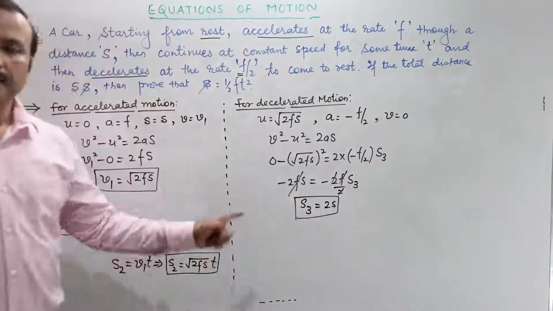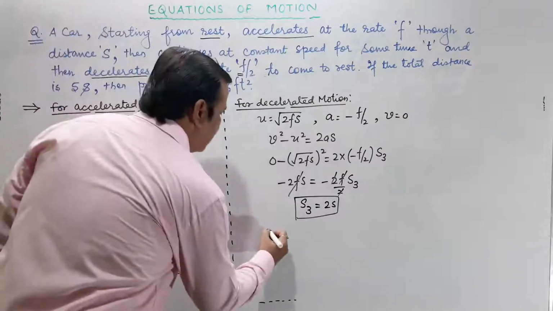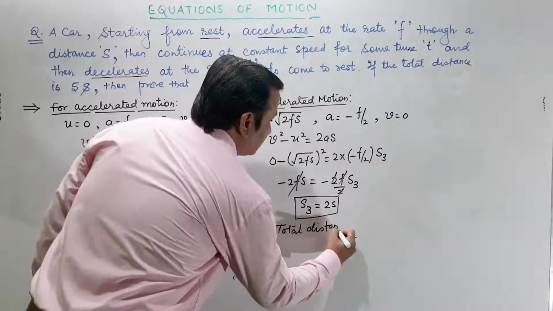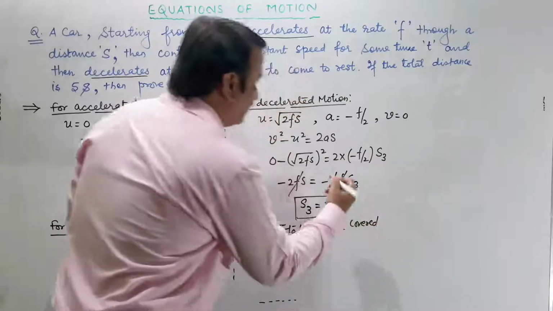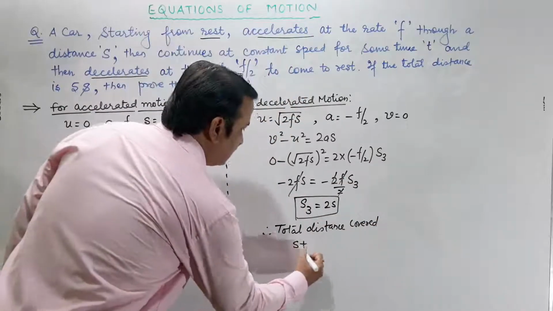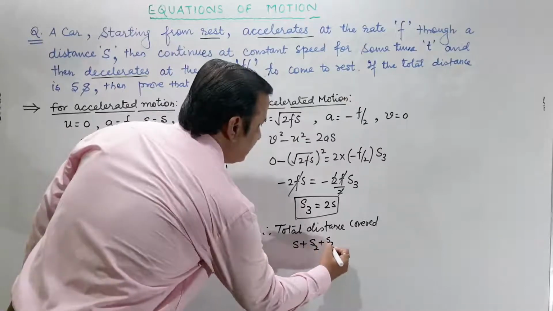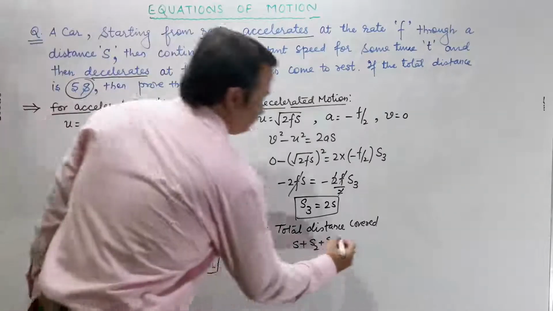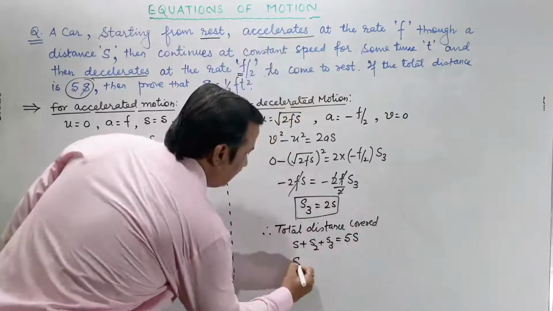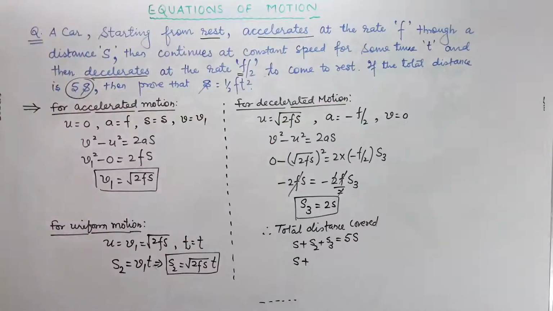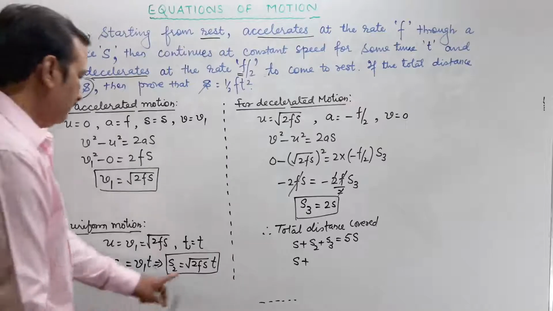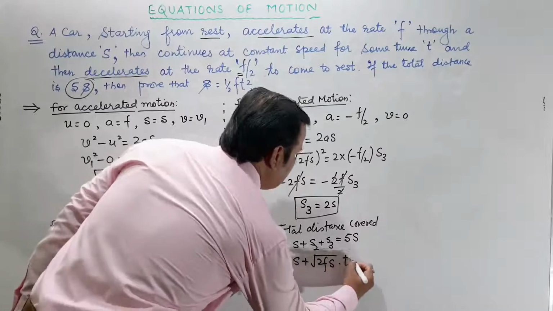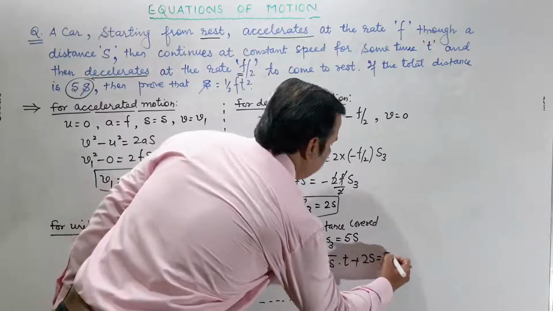Therefore, total distance covered: how much distance did it cover? First we took s, then s2, then s3, which is equal to 5s. So s plus under root 2fs into t plus s3, which is 2s, equal to 5s.